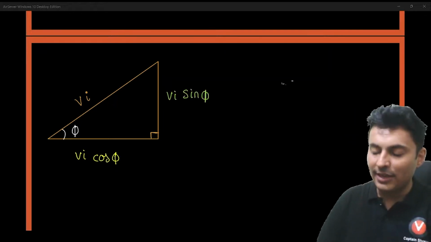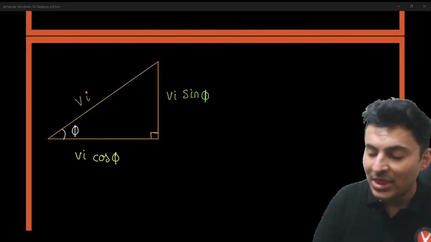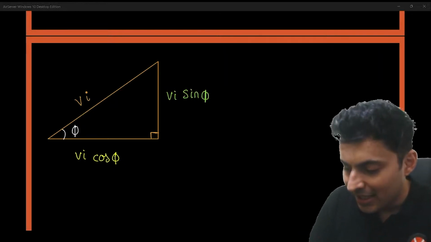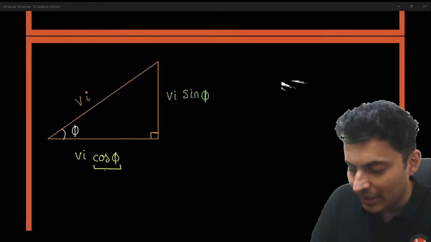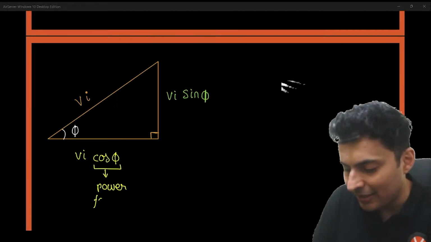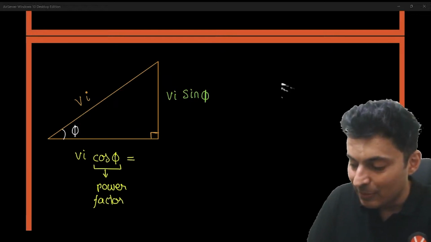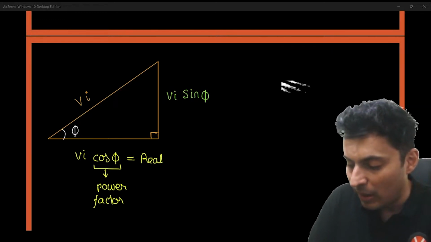Now, what is VI cos phi? If you remember, this is the formula for the power, with cos phi being your power factor. So this is basically your real power.